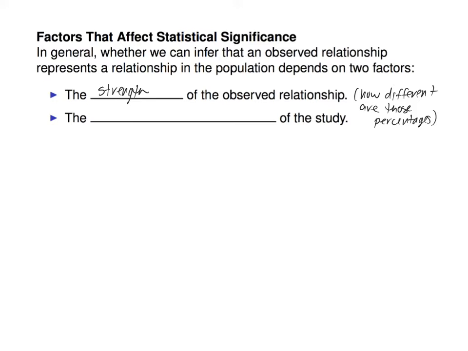Like with that problem we had about the males and females and opinions about the ban on texting while driving, how different are the percentages within those two different groups? That's part of what impacts how big the chi-squared is. The other thing that does is the sample size.